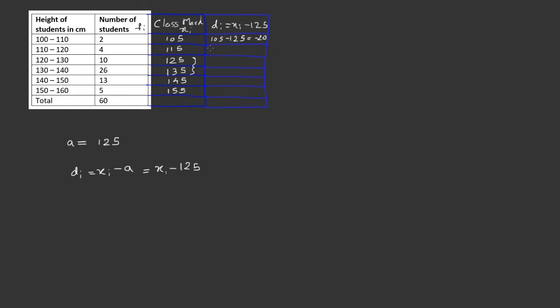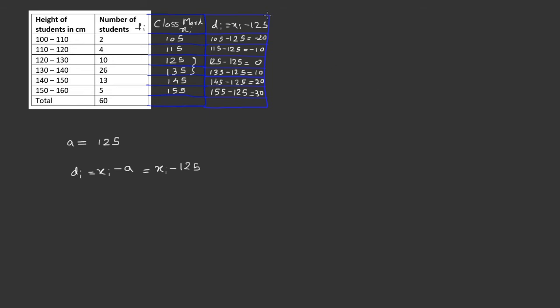For this class, it is 115 minus 125, equal to minus 10. Like that, 125 minus 125 is equal to 0. 135 minus 125 is equal to 10. 145 minus 125 is equal to 20, and 155 minus 125 is equal to 30.